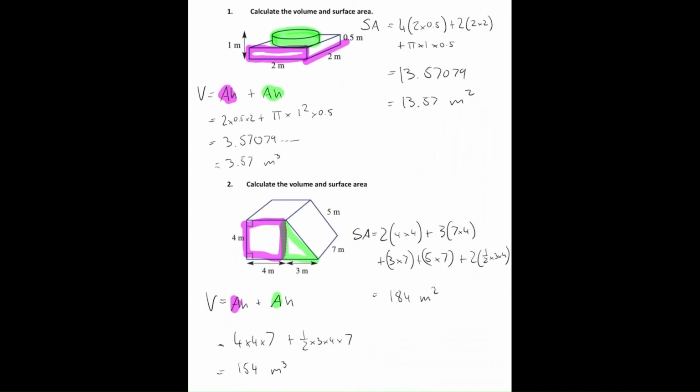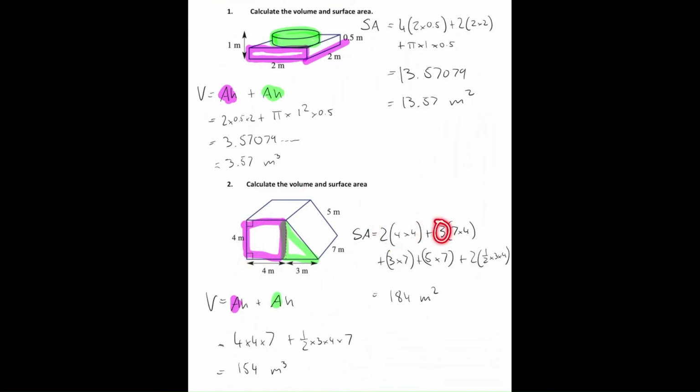And then on the second one, again, you've got the volume of the square prism and the volume of the triangular prism added together. Sorry, I just said area for all of those. I meant volume. And then the surface area, again, is more complicated. There's 2 of these squares, one at the front, one at the back.